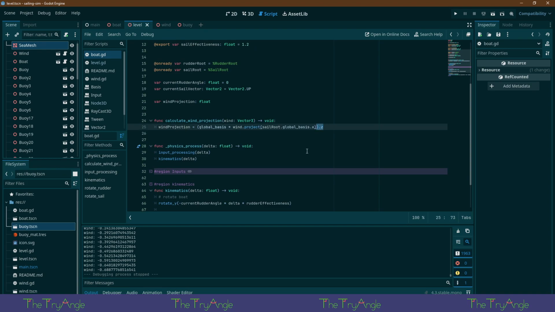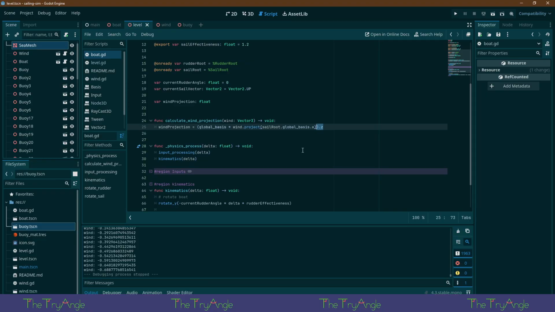We asked for the z-axis before. This feels like the wrong approach, though, because we should not start moving backwards when we go a little past 90 degrees, yeah?